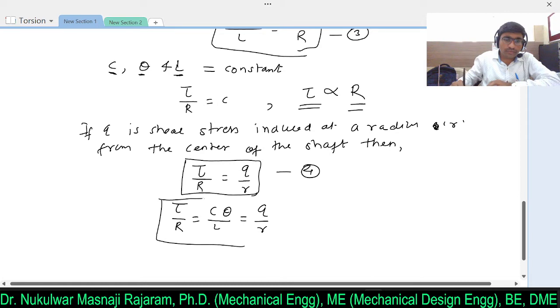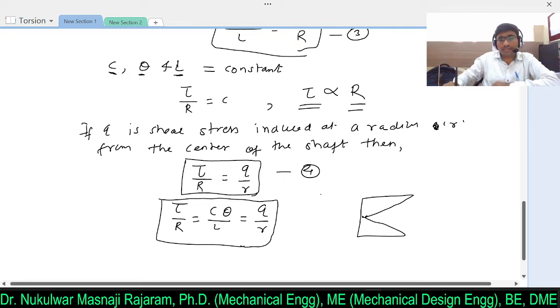So this is one equation which we have derived. Clear? So remember, shear stress at the center remains 0, and it will increase and be maximum at the outer edge of the shaft. Clear? So here if you consider the cross section area at center, shear stress will be 0. Clear? And it will be maximum at the outer edge.